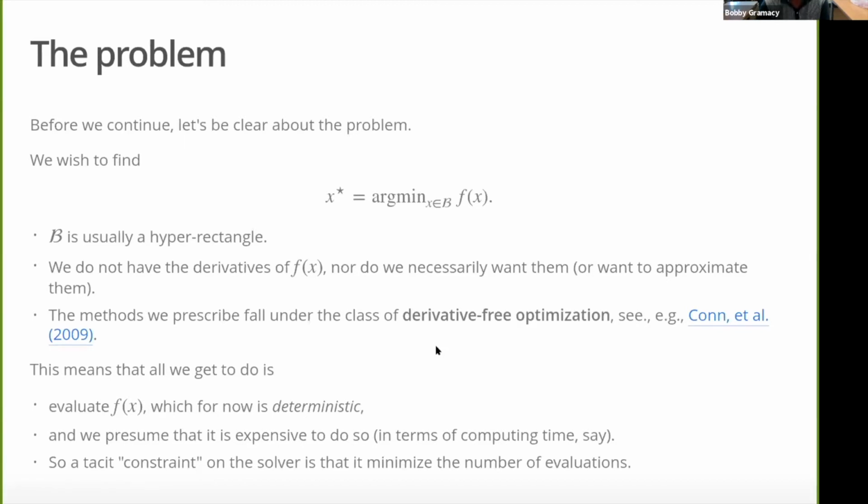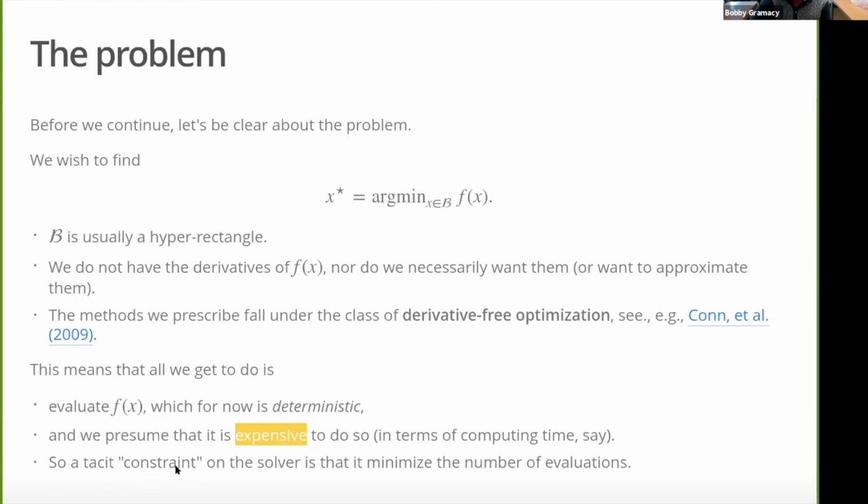So all we get to do is evaluate the function. For now, I'll assume that the function is deterministic, but very expensive to evaluate. So this is where the learning comes in. I'm going to get some pristine evaluations of my function, but presumably I can get very few of them. So I'm not going to be able to explore what f looks like for all possible x that I might want. I have to be very frugal.